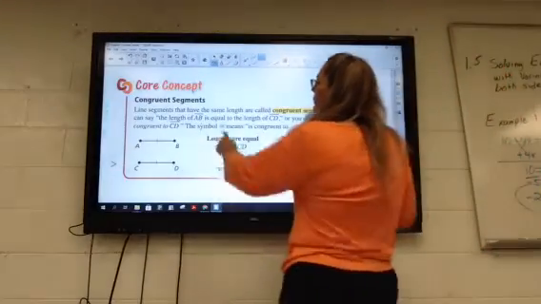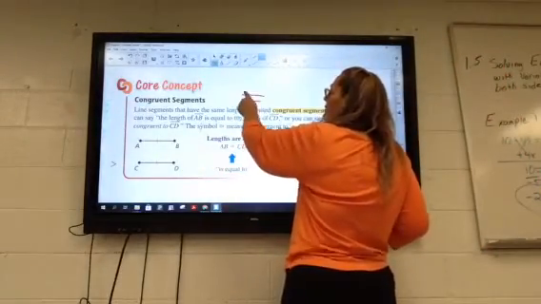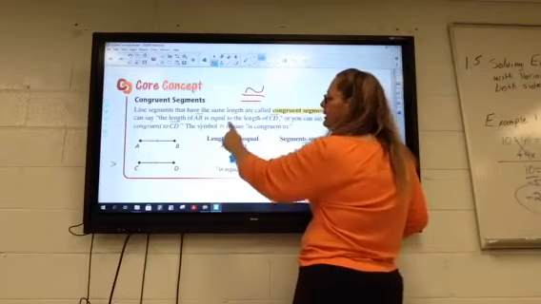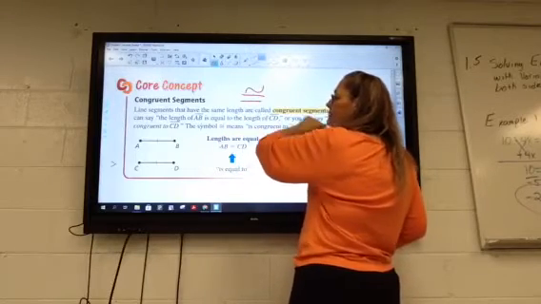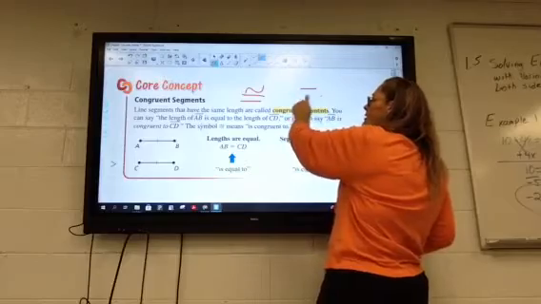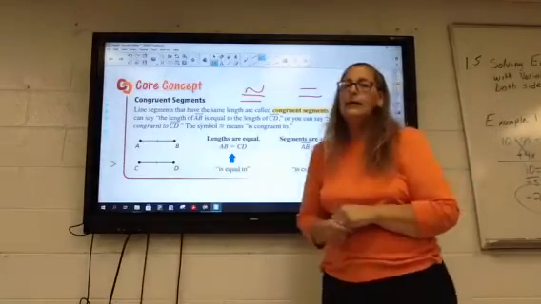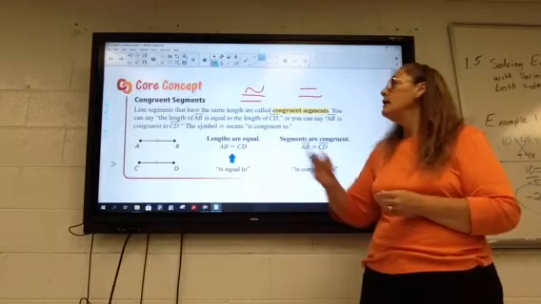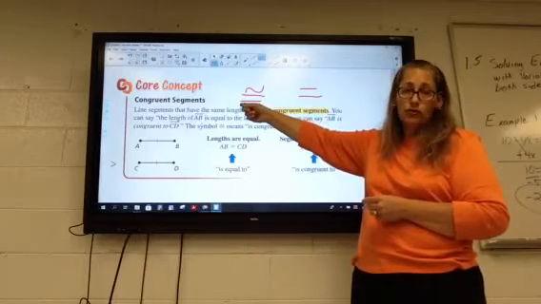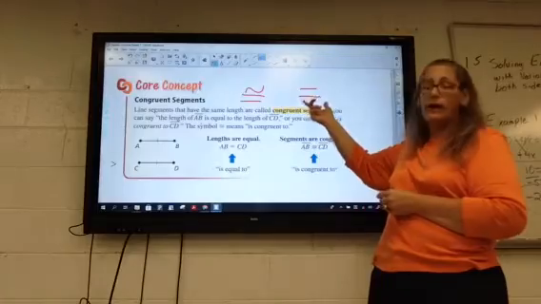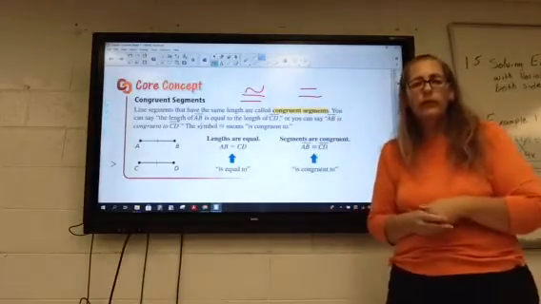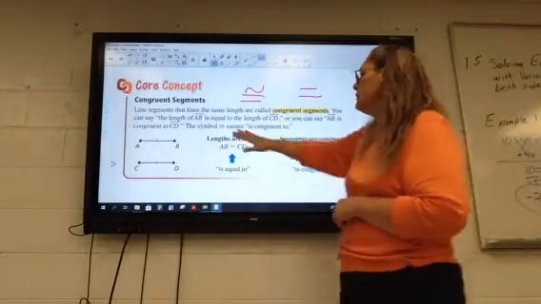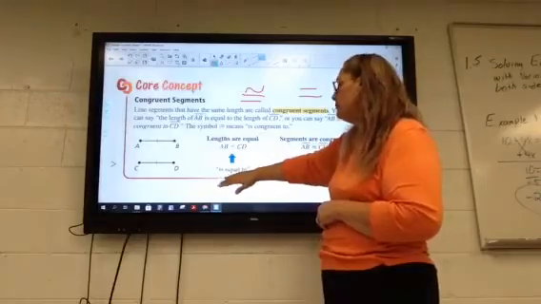The symbol, an equal sign with a little wiggle on top, means congruent. This is just equal, okay? It's a difference in geometric and algebraic. Geometric wants stronger proof. Algebraic says, we're equal, we're good. So the lengths are equal to.